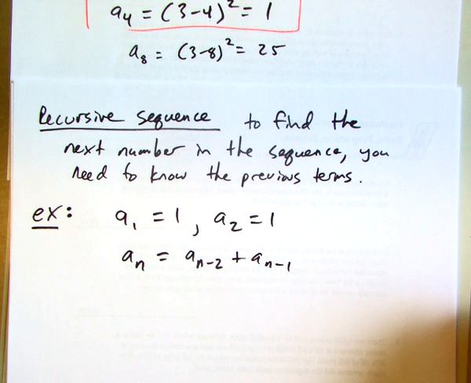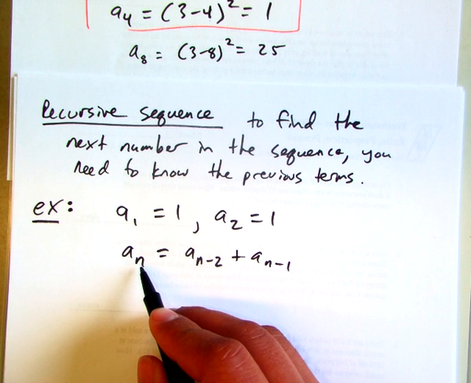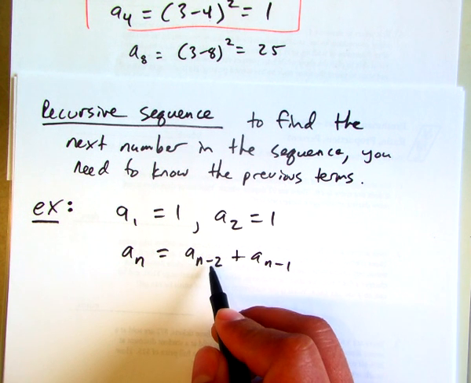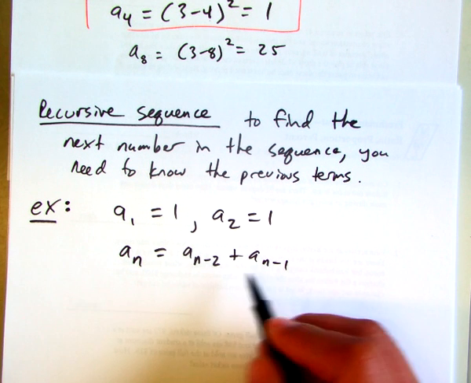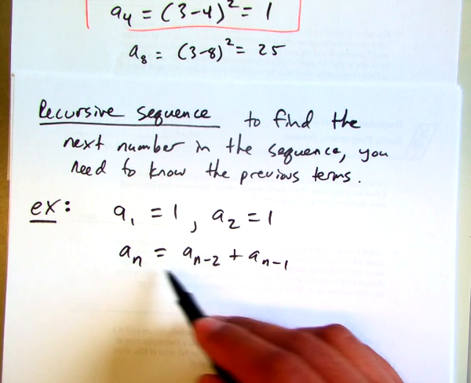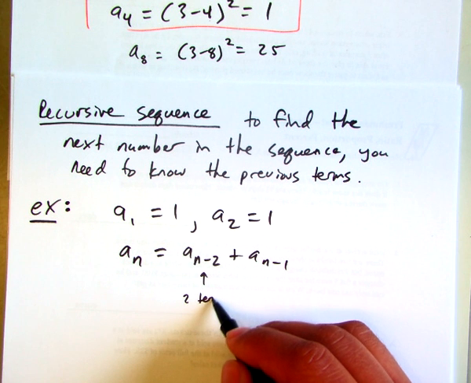Okay, so if you remember what we talked about a few days ago, if you know what n minus 2 is, or where it is in relation to n, and if you know where n minus 1 is in relation to n, this is really easy. Because this notation just means 2 terms before.